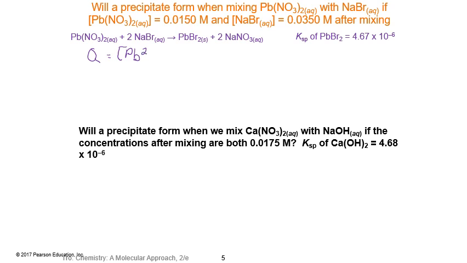So we know that there is 1 lead and there are 2 bromides. And so because there's 2 of them, we have to square the bromide. So now we can plug in our concentrations. Because there's only 1 lead, the concentration of lead nitrate is going to be equal to the concentration of lead.